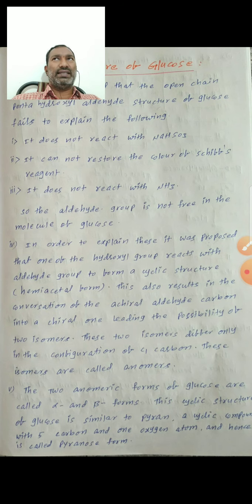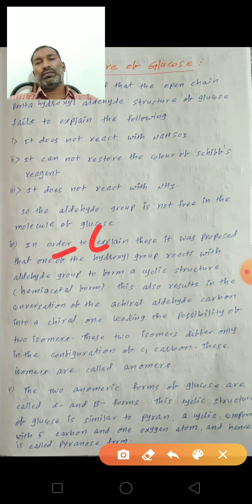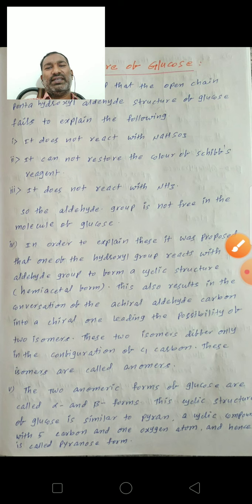If glucose contained a free aldehyde group, it could react with sodium bisulfite to form an adduct, it could restore the color of Schiff's reagent, and it would react with ammonia. But glucose does not react with sodium bisulfite, Schiff's reagent or ammonia.